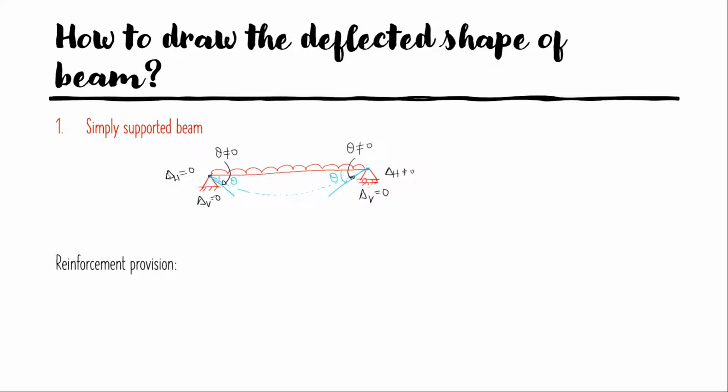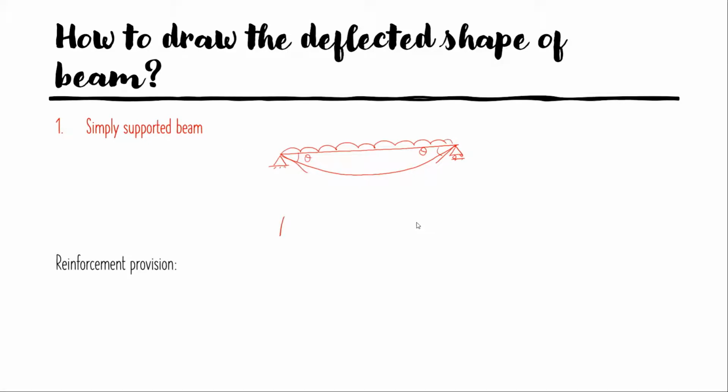So therefore it is the deflected shape of a simply supported beam. So the beam will deflect in such a manner which is shown here. Now if we make a two-dimensional view, you will see that it will deflect in this manner.